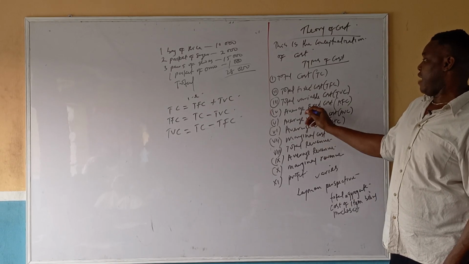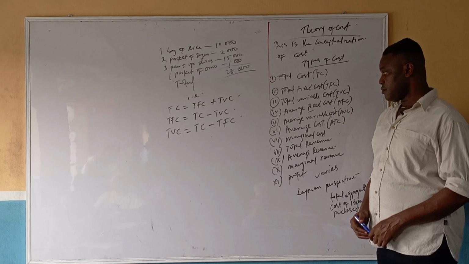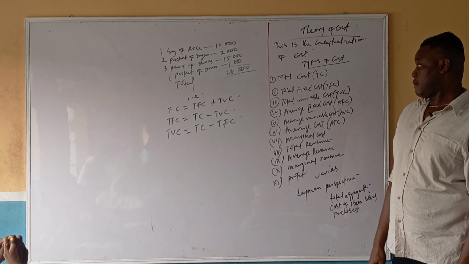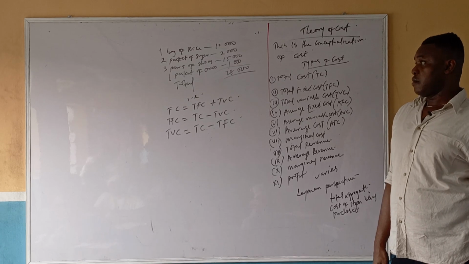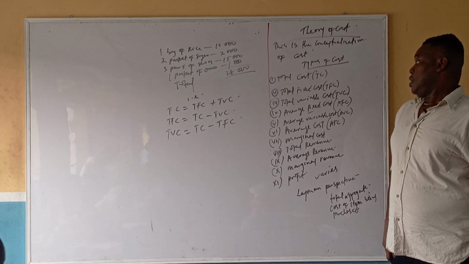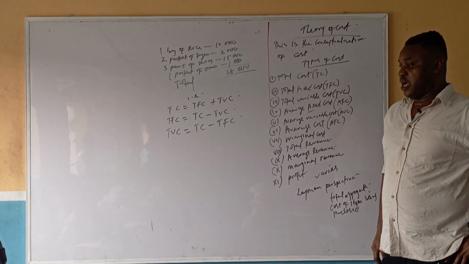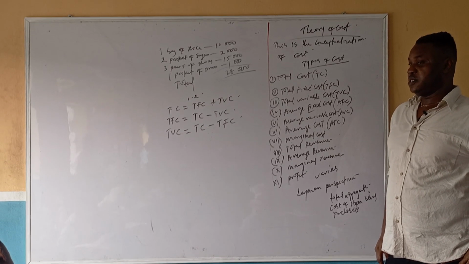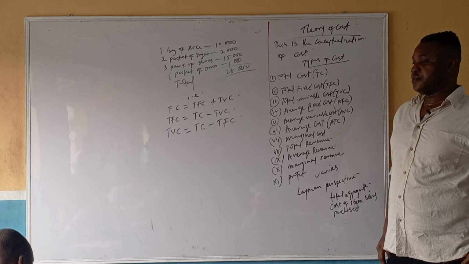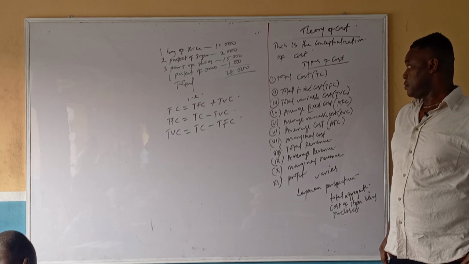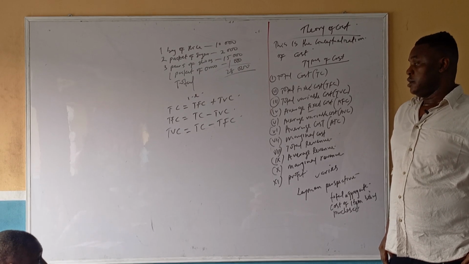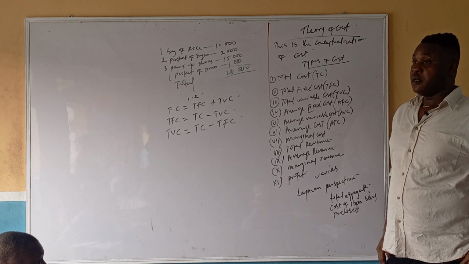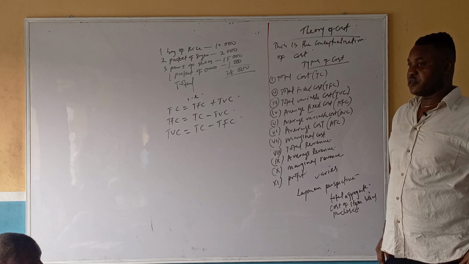Next, average fixed cost. This is the average per unit of total fixed cost.